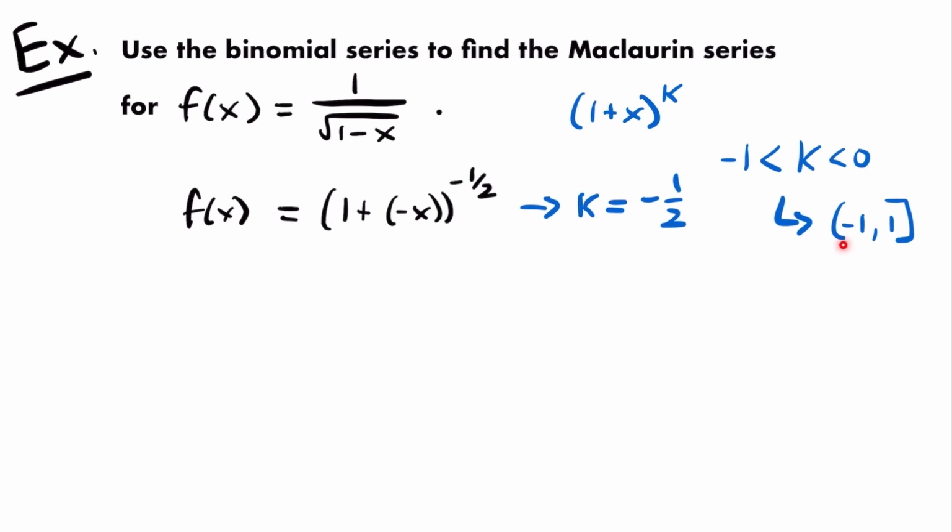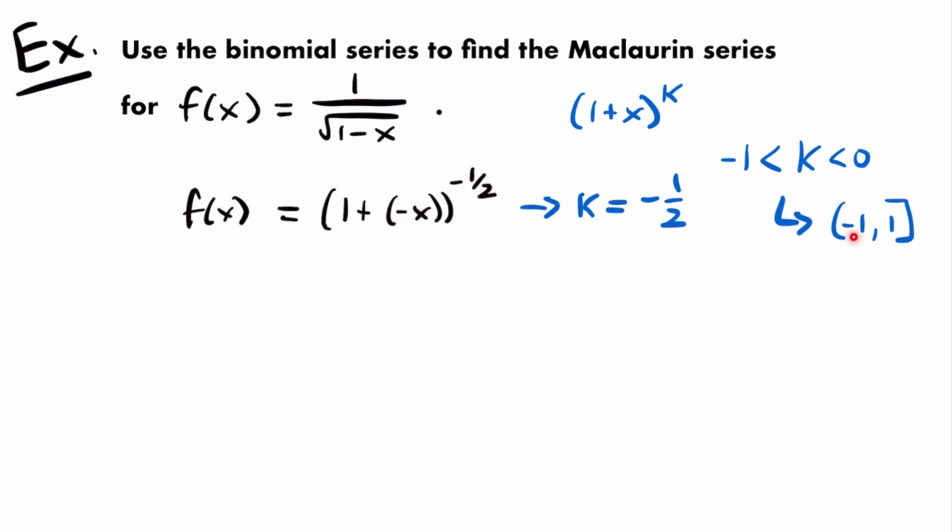Or at least that's what it would be if our function was in this exact form, but it's not. So our interval of convergence is actually going to look a little bit different than this right here. We have the correct starting point, but this is the interval of convergence if we have (1 + x) to the power of k, but we have (1 + (-x)) to some power k, right?